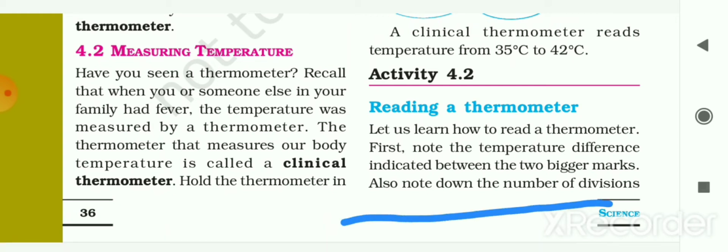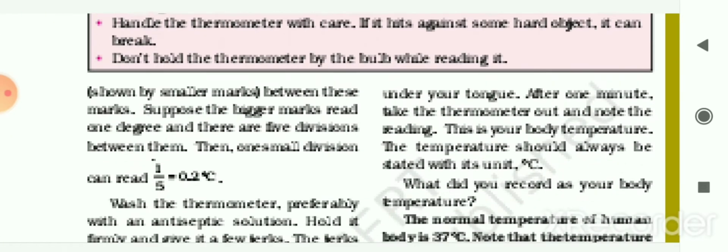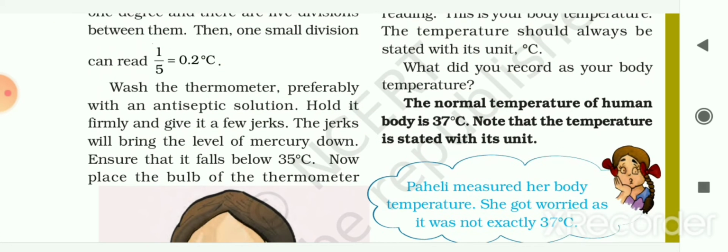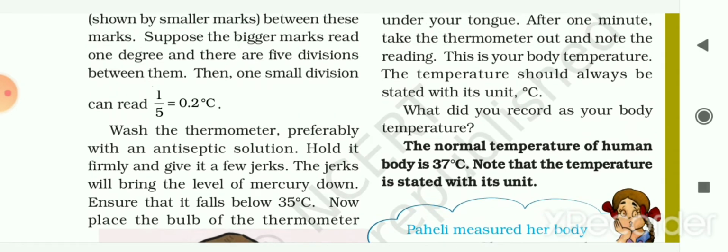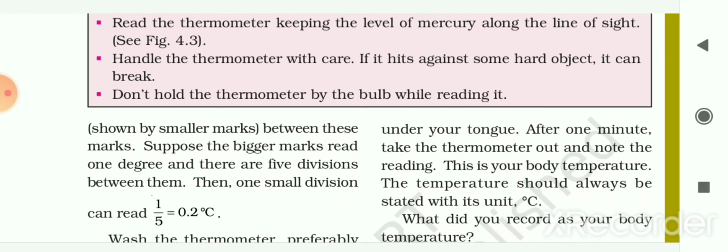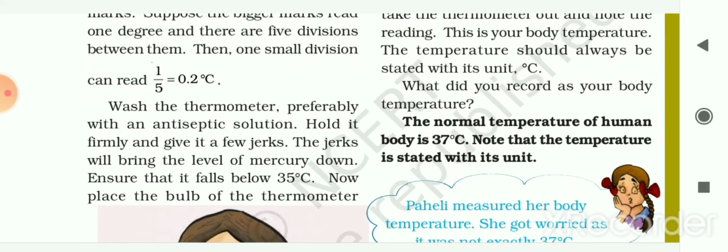First, note the temperature difference indicated between two bigger marks and also note down the number of divisions shown by the smaller marks between these two bigger marks. Now suppose the bigger marks differ by 1 degree and there are 5 divisions between them. Then one small division reads 1 divided by 5, that means 0.2 degrees Celsius.